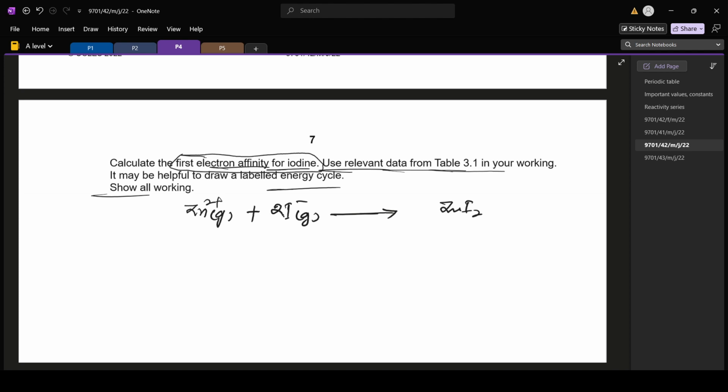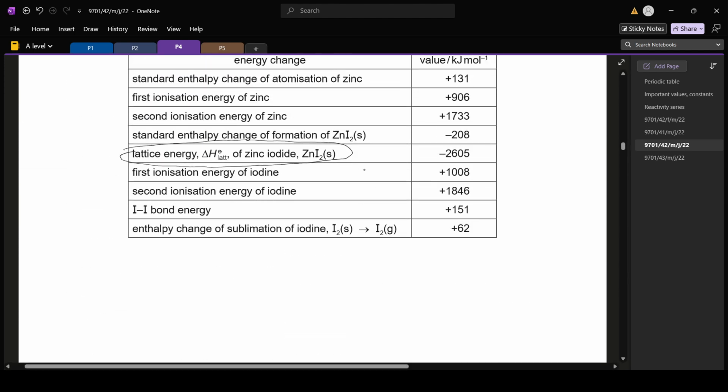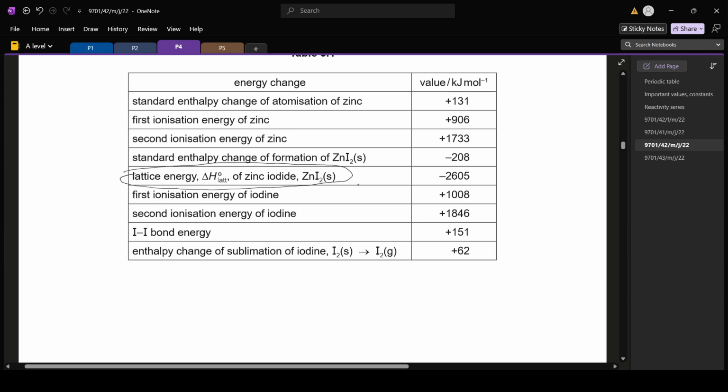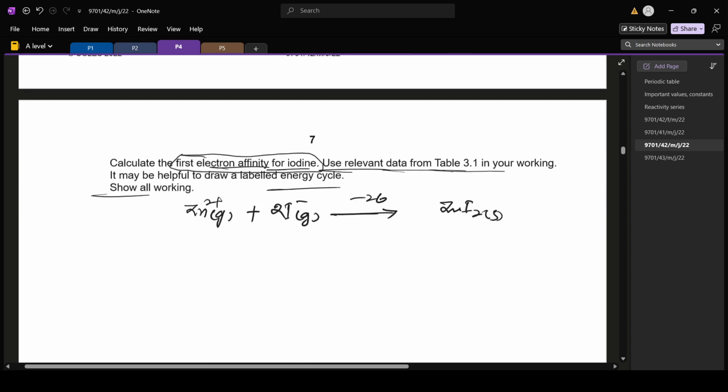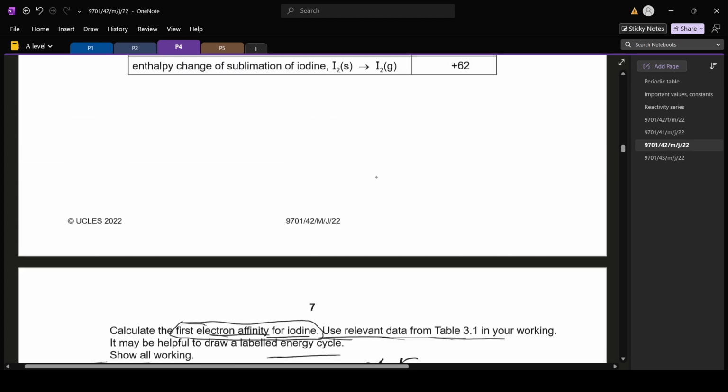There will be two iodide ions. So this is your lattice enthalpy change, and it has a value of negative 2605.